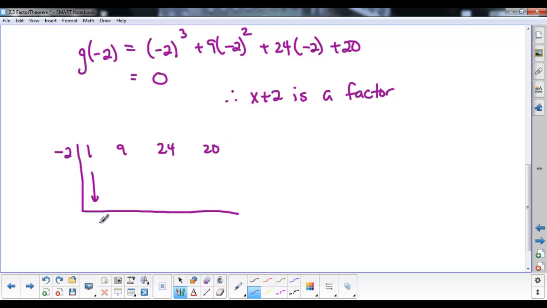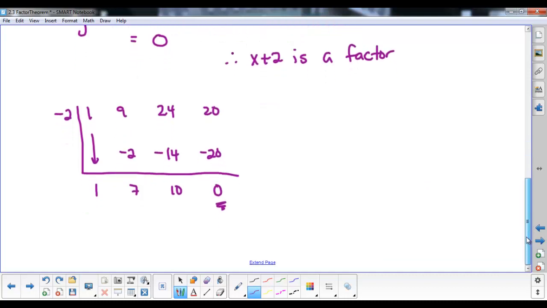So drop down that first term and multiply. Add them up. 7 times negative 2. Add them up. 24 plus negative 14. Multiply. And add them up. And again, we know we did a good job because we got 0 remainder.